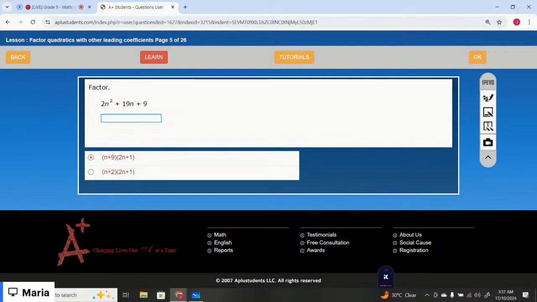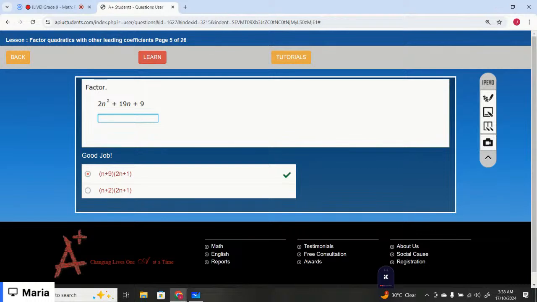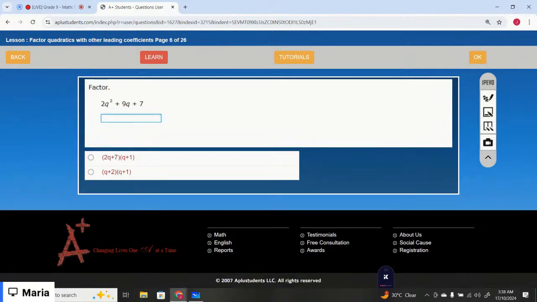Option number 1 is the correct option. Factor 2q square plus 9q plus 7. So, which is the correct option?